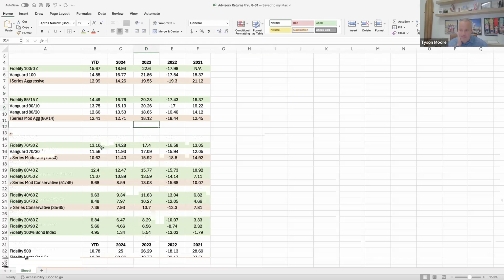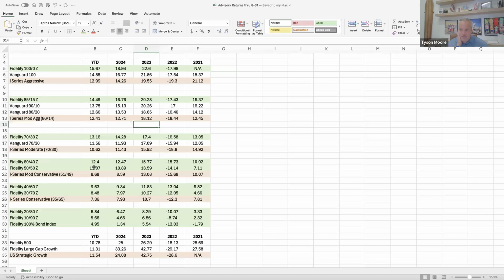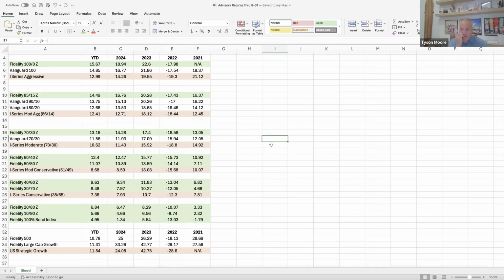Fidelity's 50% stock model isn't that far off from Vanguard's 70% stock model, which is really saying something. The last couple of years, there's a big gap here in 2023. But anyway, I just think those guys are really nailing it.